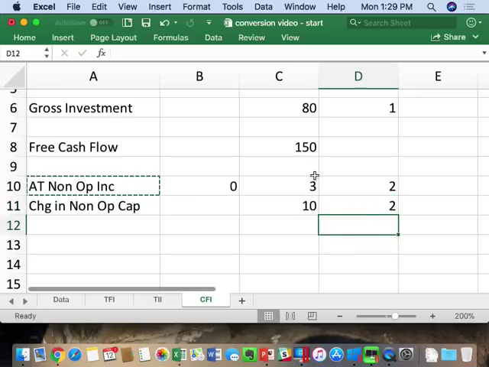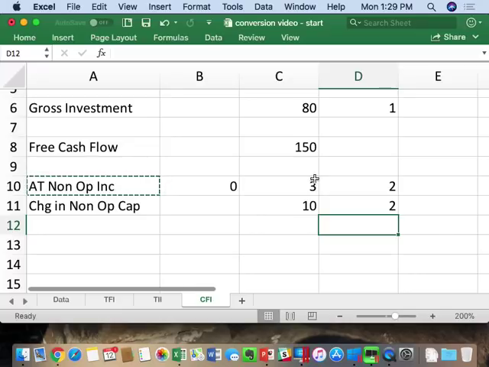Now, a question about the signs. I don't have a good way of saying this; otherwise, you have to think this through. Back to the name of the statement: cash flow available to pay investors, CFI. If we make $3 million of after-tax non-operating income, does that add to the cash flow available to pay investors, or does that take away? We're going to add that in.